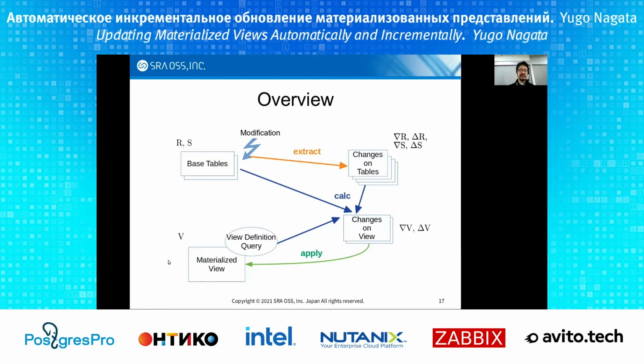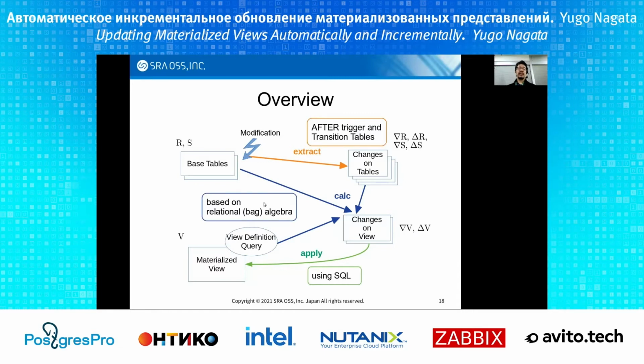And then we apply the changes on the view to update the materialized view. In our implementation, we use after trigger and transition table to extract the changes on table. And calculation of changes on view is based on relational bag algebra. And changes on view are applied to the view using SQL query.